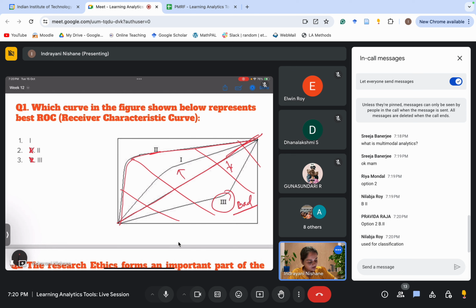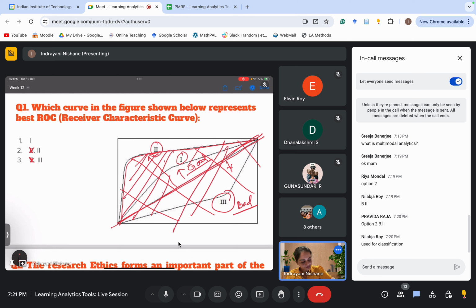And the algorithm for which the curve falls above this baseline, above this reference line, its performance is considered good. So algorithm 1 and algorithm 2 will be chosen over 3. But out of algorithm 1 and 2, algorithm 1 has the maximum area under the curve. So this is the best ROC option.